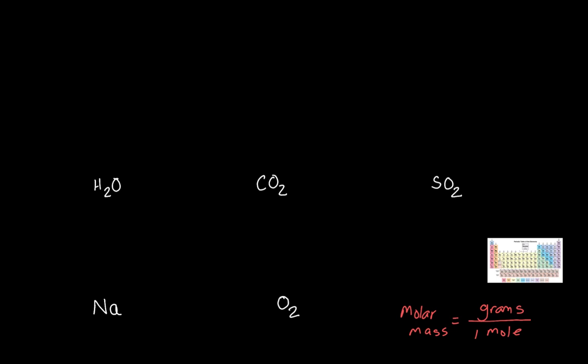Now, why is grams important? Well, grams are important because mass is measured in grams. So if you were to go in the chemistry lab and put a substance onto a scale, you could measure the mass.